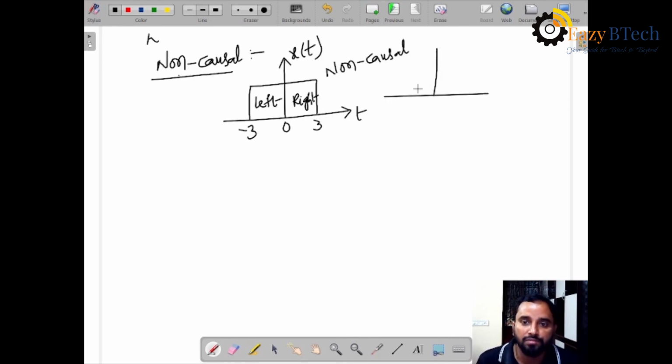Another example: this is also non-causal. It is also available on left side and right side.